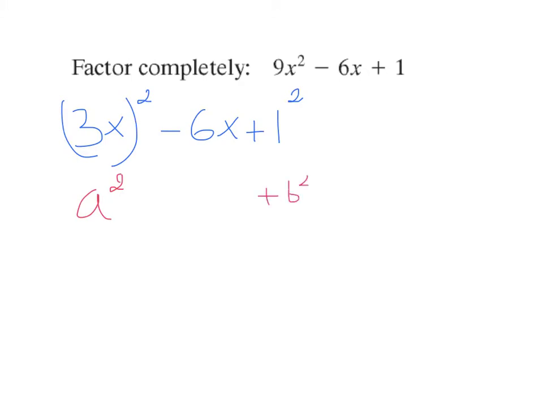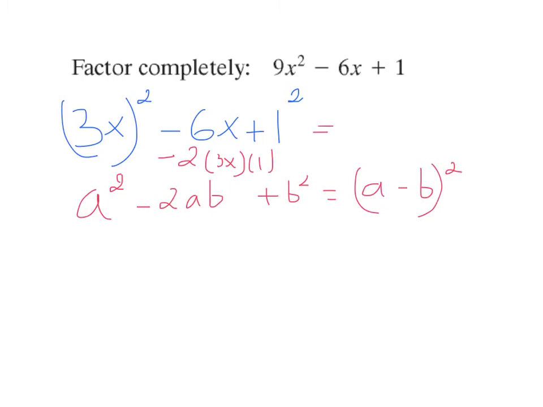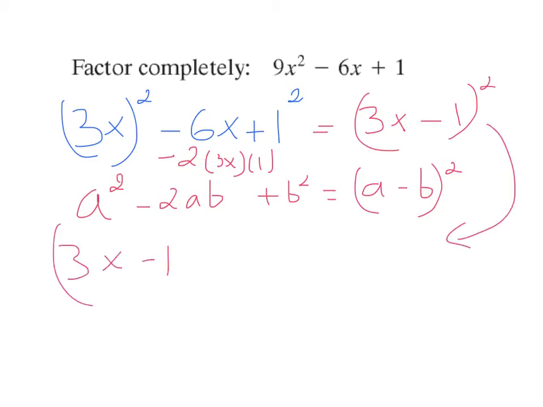If we get minus 2ab, we can change it to a minus b squared. We can see it here because minus 6x is the same thing as minus 2 times 3x times 1. So this one will be 3x minus 1 squared, which is 3x minus 1 times 3x minus 1.